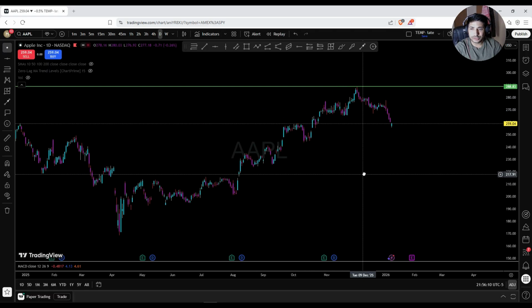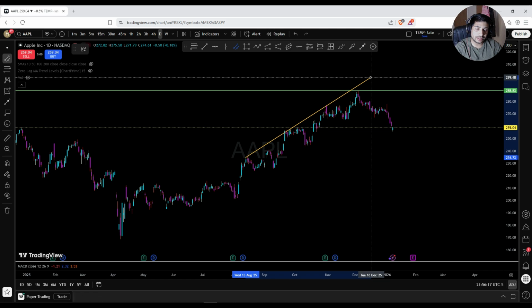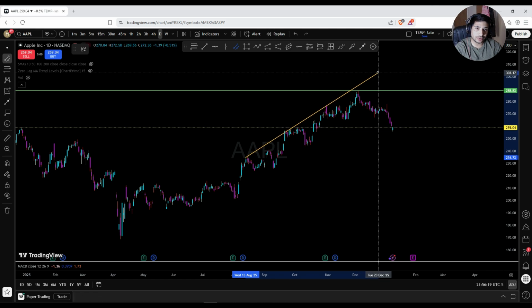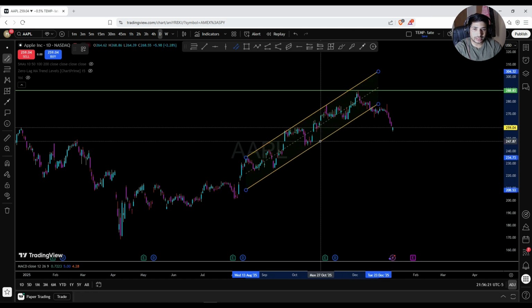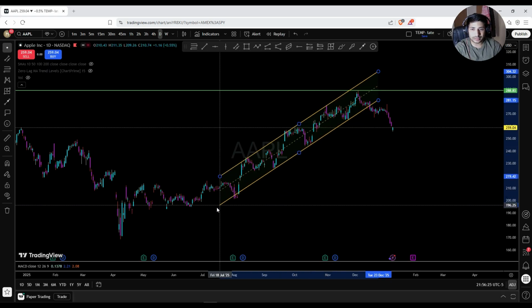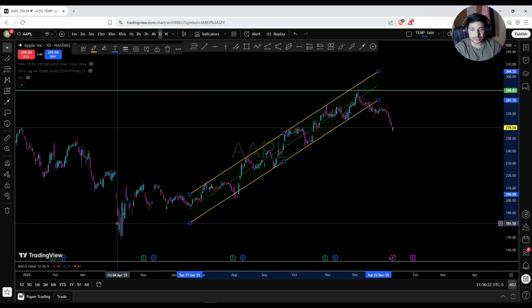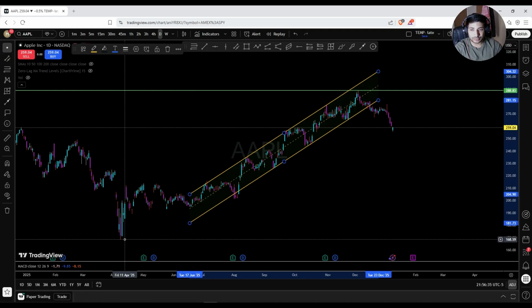Looking just at the trend line, let me draw a trend line on the daily. The price was following this parallel trend line very nicely since around June 2025, and the bottom was in April.